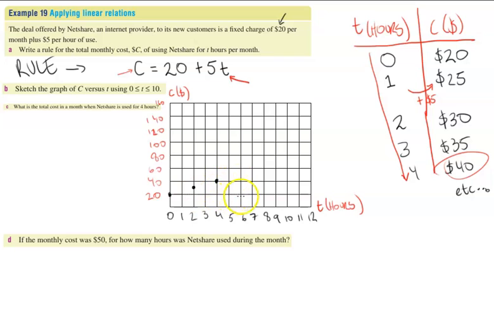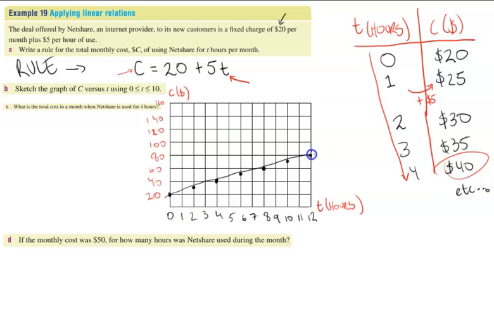And you can see that this incrementally goes up evenly. In fact, we didn't need to go up to 160, but I just put it there to be safe. So 12, that is at $80, and that makes sense. 12 times 5 is 60 plus 20, which is the 80. And so all we need to do here in sketching this is do a dot to dot.